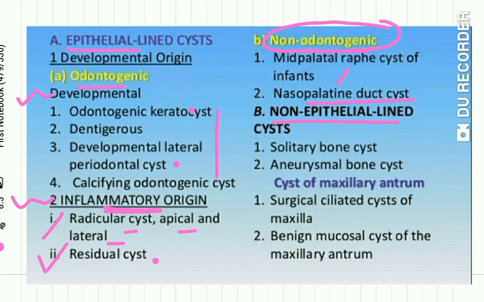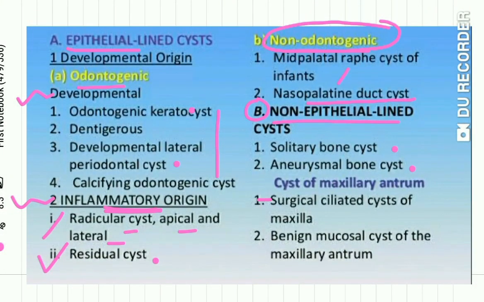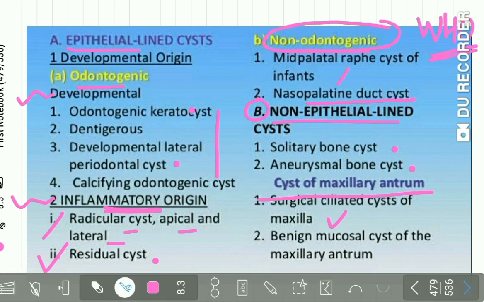Now, the second category of WHO classification, that is non-epithelial lined cysts, include two cysts. These are the solitary bone cyst and the aneurysmal bone cyst. Now also there is a separate cyst of the maxillary antrum, which includes surgical ciliated cyst of the maxilla and the benign mucosal cyst of the maxillary antrum. I hope now the WHO classification is very much easy to remember for you people.